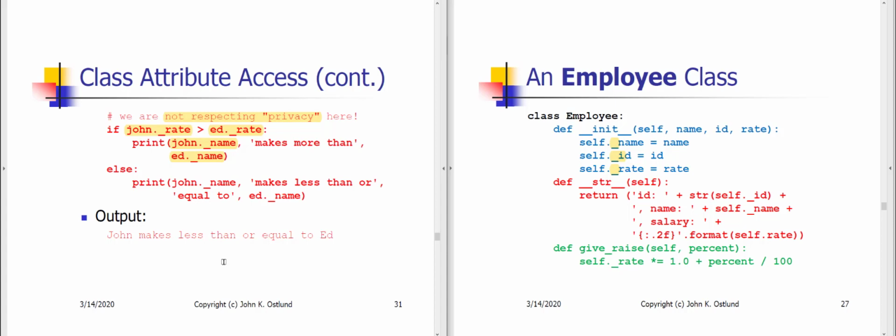Of course, Python is interpreted. But the fact that it's interpreted doesn't have anything to do with privacy or lack of privacy. Everything is only private out of respect, and here we're not being respectful.